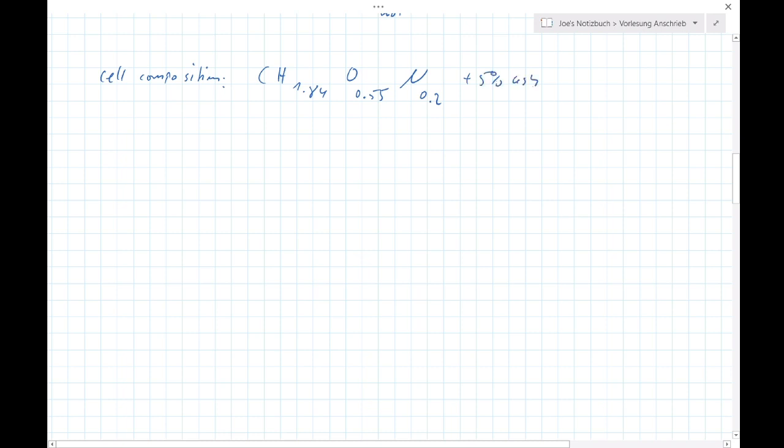And the yield of biomass from the substrate, YXS, is equal to 0.5 grams per gram. Always put this grams per gram, because then you know it's a mass yield and not a molar yield. So a mass yield is given in grams per gram. I often give this stoichiometric coefficient C, for example, as mole per mole, so that it's clear that it's stoichiometric. So that's all we have.